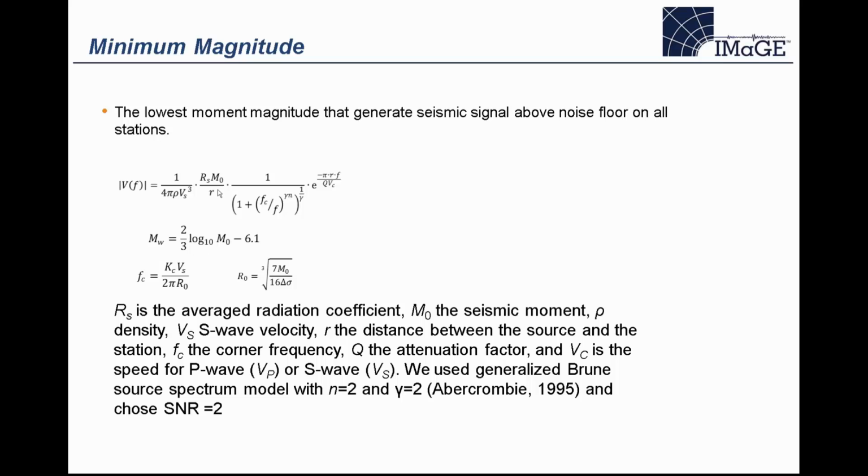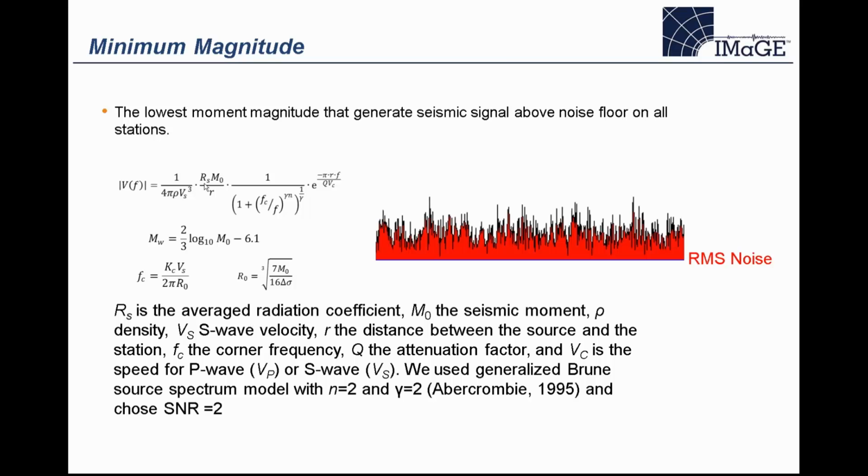I'll skip the details of the equation, but I want to point out it correlates the radiation coefficient, the Q value, and the corner frequency with the velocity displacement at the station. So if you know your source may slide along specific directions, you can build a specific radiation pattern into this equation. But in this case, we assume we don't know the preferred orientation for the rock breaking, so we use a constant value here.